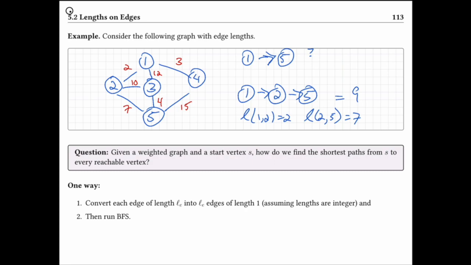So the question is, given a weighted graph and a start vertex S, some particular starting point, how do we find the shortest path from that vertex to every reachable vertex in the graph?